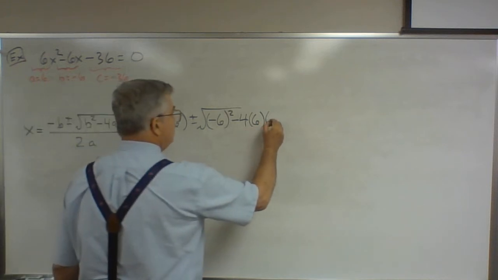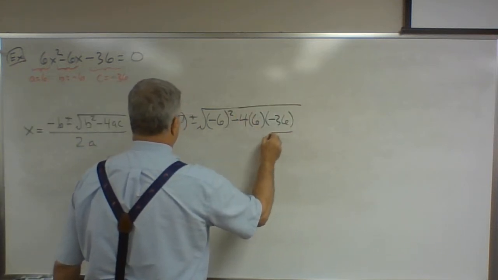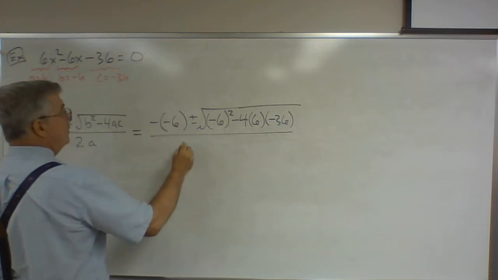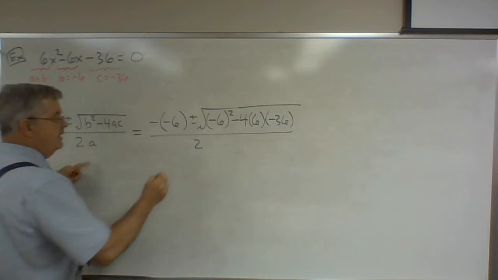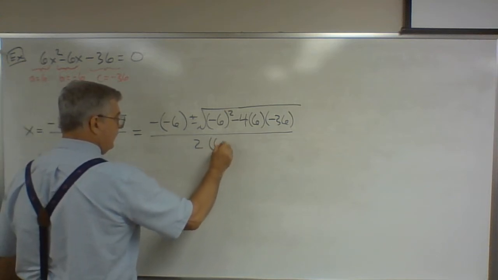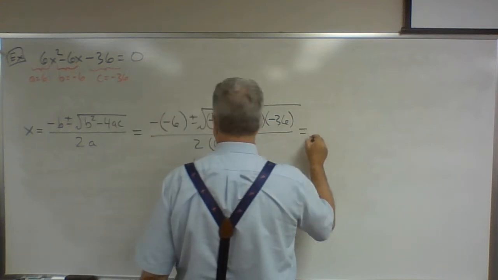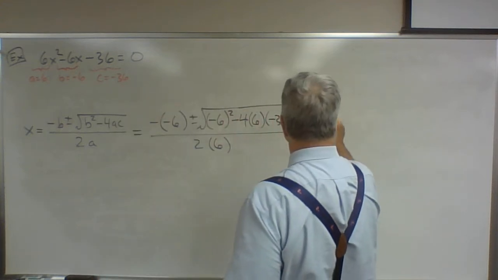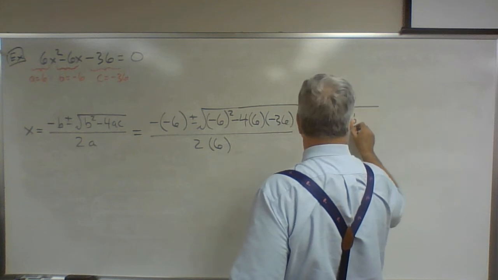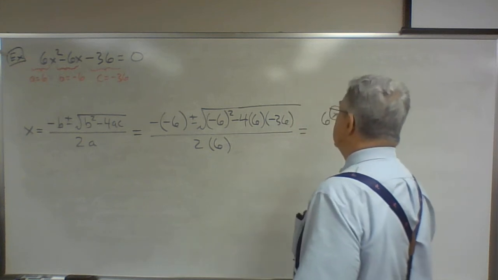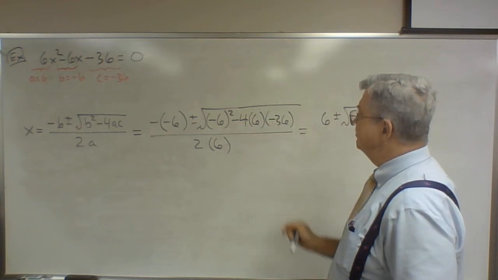Holy moly. All over 2 times a, where a is 6. Here we have minus times minus is plus.